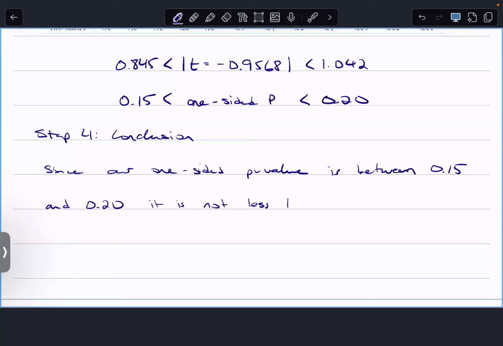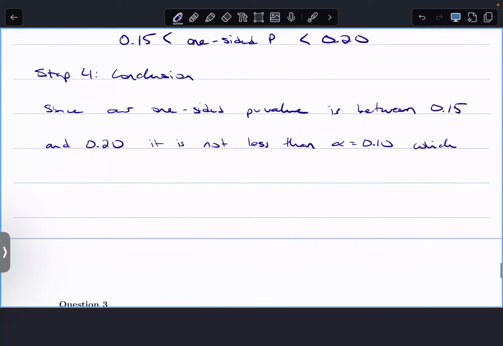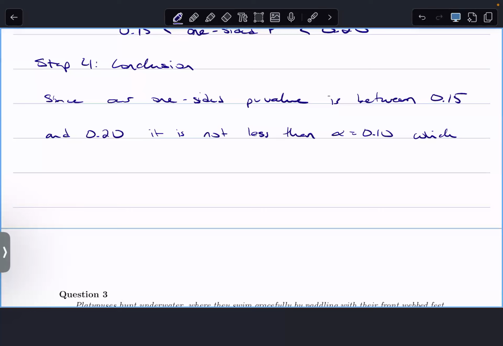It is not less than alpha equal to 0.1, which means we do not have enough evidence to reject H naught.